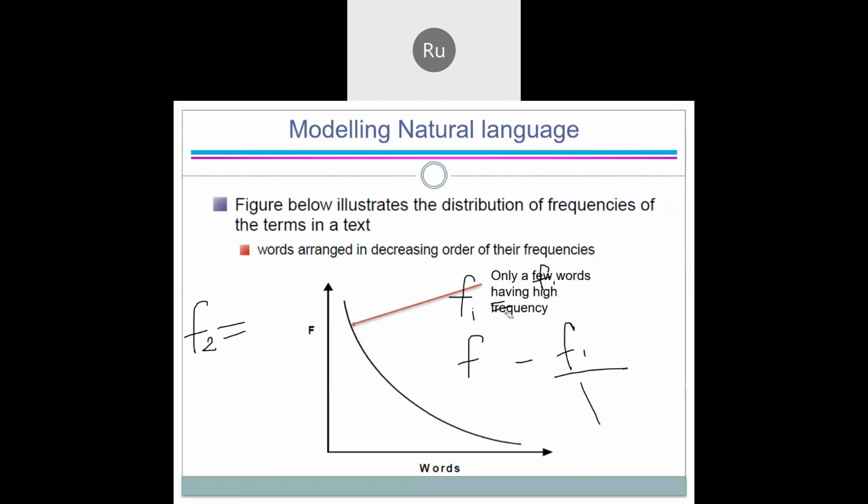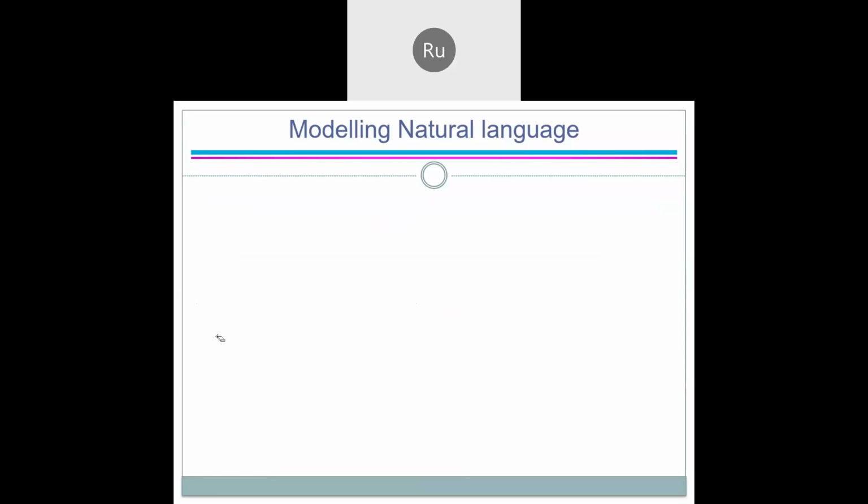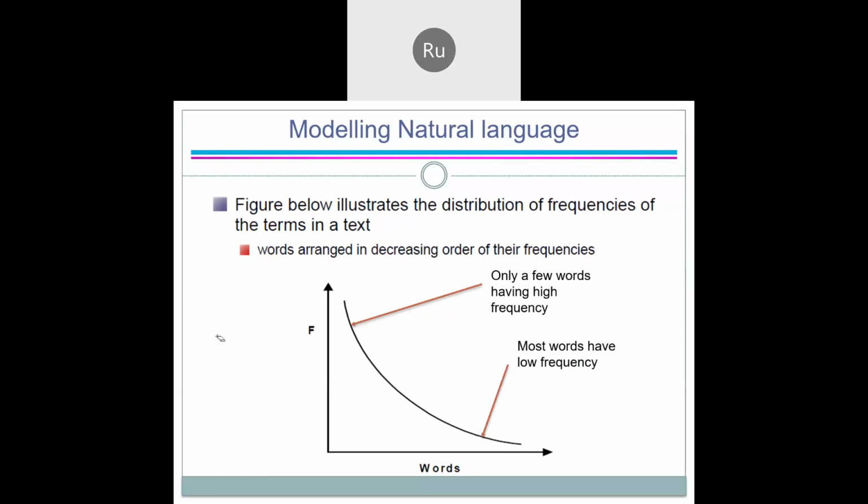Let me erase this. And then we also have low frequency at the bottom. So it means that you can ignore some of the words, depending on the threshold that you set.